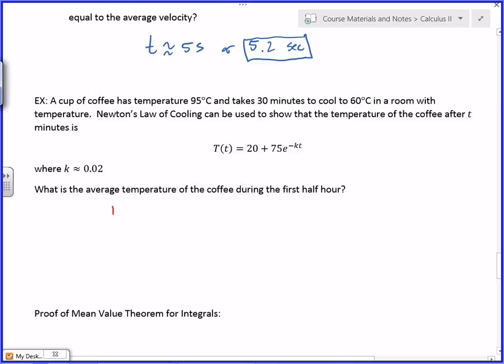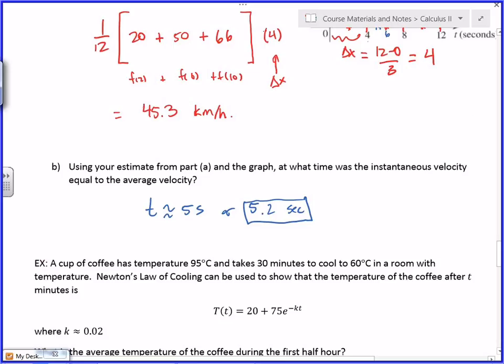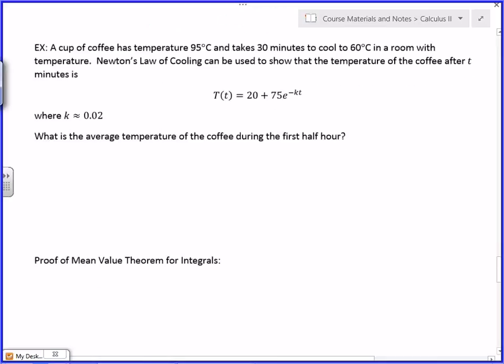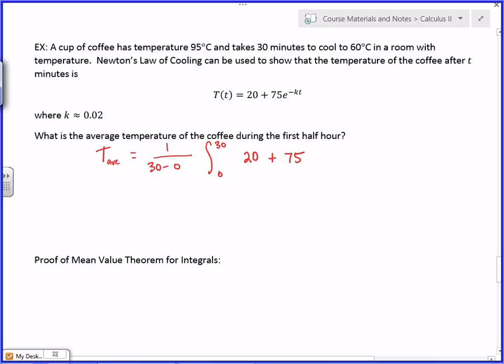The average temperature, T sub avg, would be 1 over the end time minus the start time, 30 minus 0, times the integral from the start time to the end time of the temperature function, 20 plus 75 e to the negative 0.02 t dt.